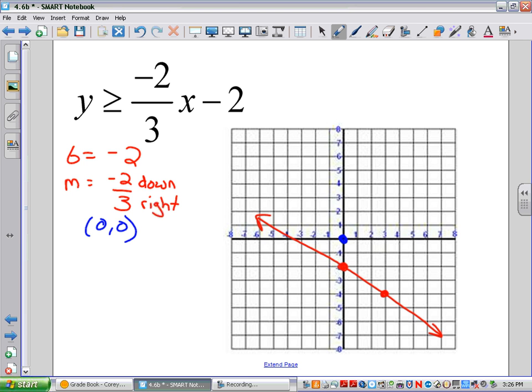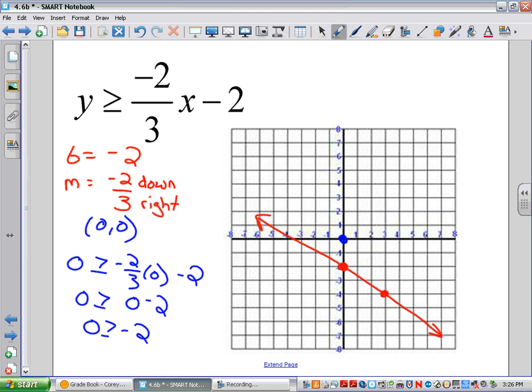Let's plug it in. 0 is greater than or equal to negative 2/3 times 0 minus 2. Or 0 is greater than or equal to 0 minus 2. Keep going here. 0 is greater than or equal to negative 2. Ask yourself, is that a true statement or a false?